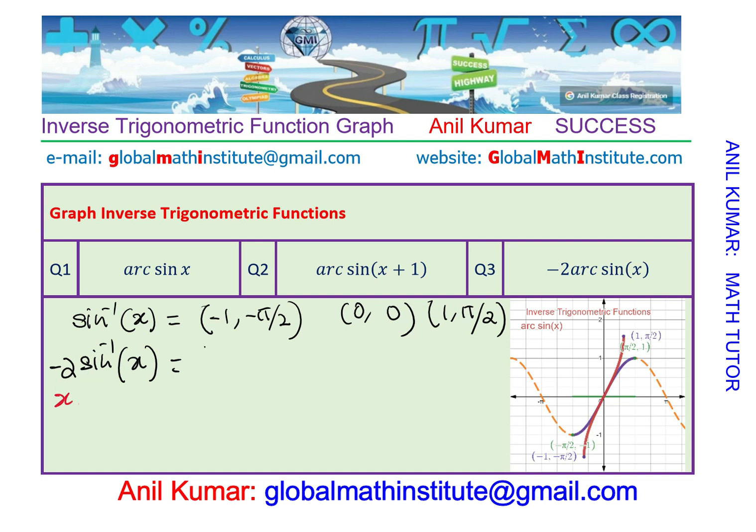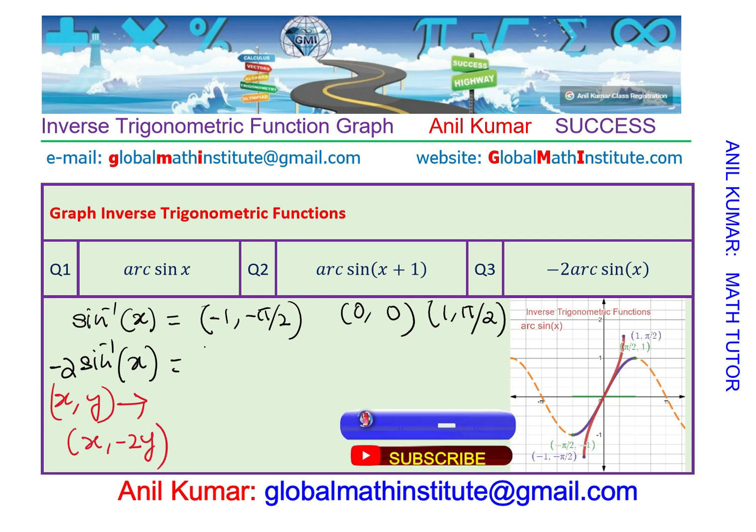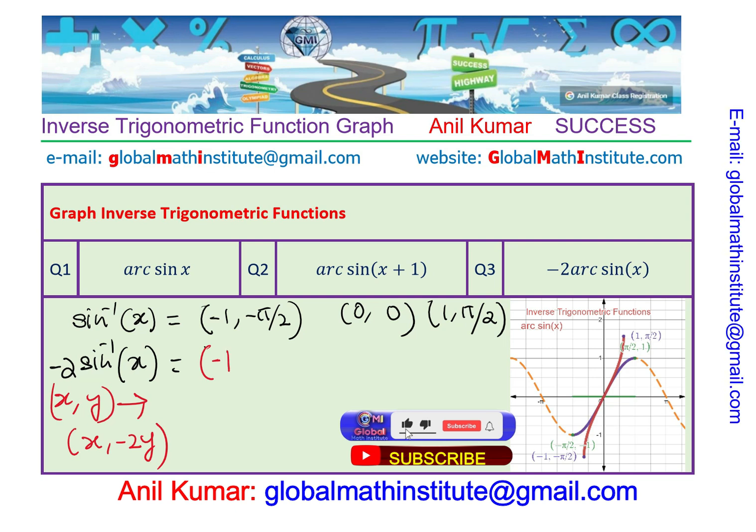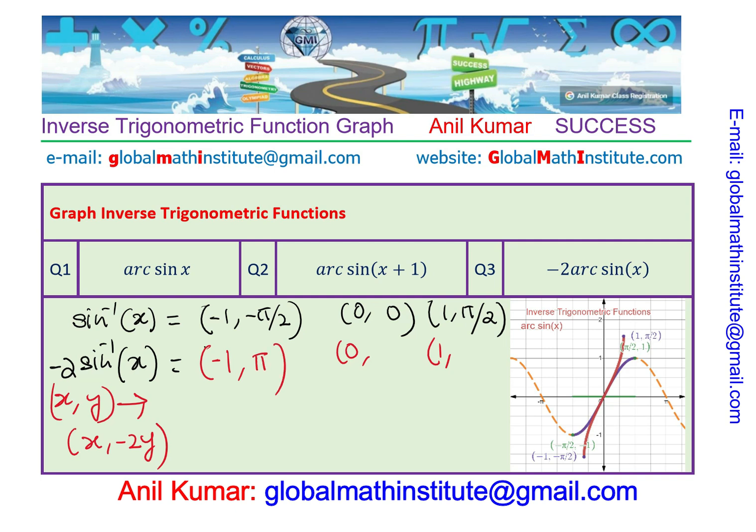So the transformation is the xy points will now change to what? X being the same, y will be minus 2 times the y values. So let's put the x values the same, and the y values will be multiplied by minus 2. So this will become pi, here it remains 0, and here it will be minus pi. The 2 and 2 cancel, and there is a negative sign, correct?